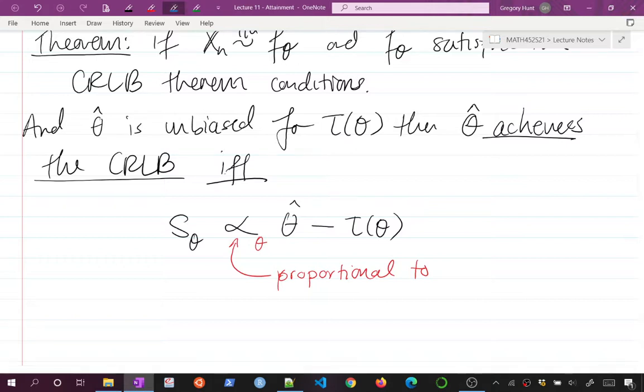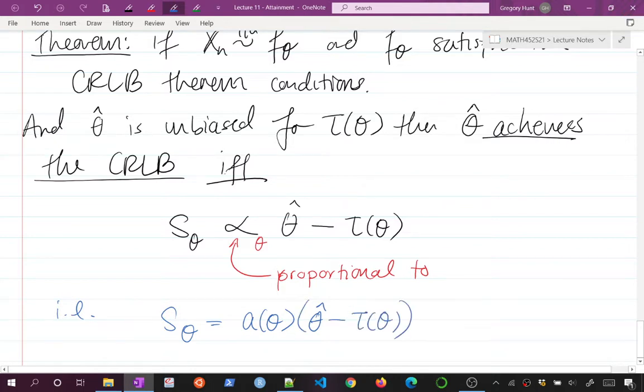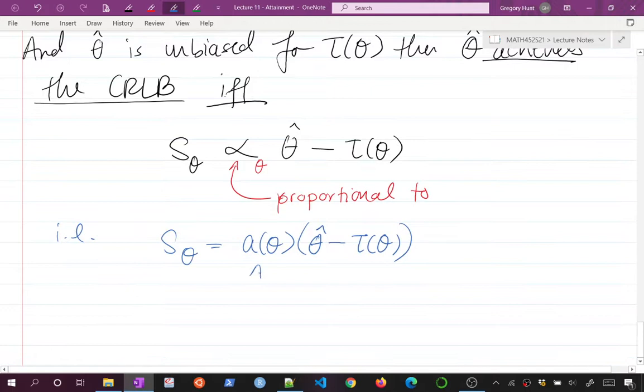So what this means is that the score is some function of theta times theta hat minus tau of theta, where this is some function that potentially involves theta. It doesn't have to. It cannot involve theta hat.